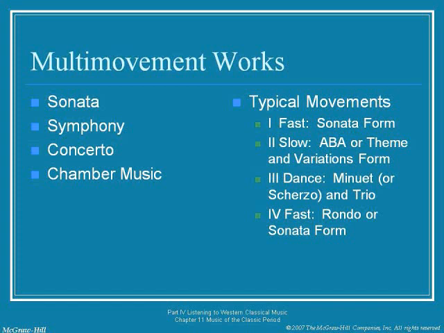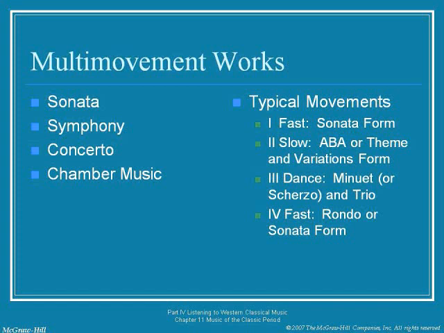In addition to the sonata, which again is generally for a piano or piano and one other instrument, the symphony and the concerto were both for full orchestra. Chamber music, again, I already talked about chamber music groups.